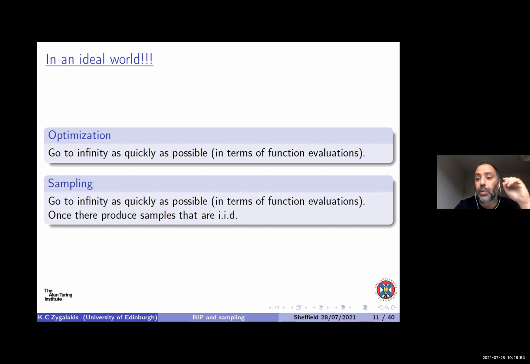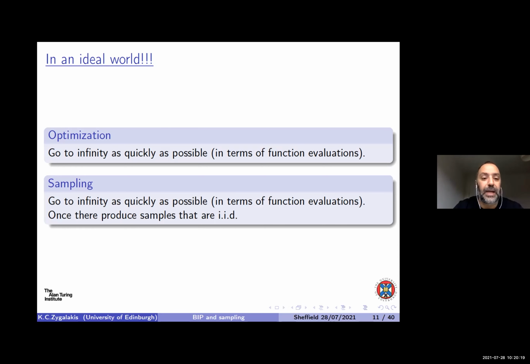In terms of optimization, we would like to go to infinity to reach the limiting behavior of the differential equation as quickly as possible in terms of function evaluations. And likewise, in the case of sampling, we would like to go to infinity as quickly as possible. And there is the additional catch, which I'll try to explain later on, that once we go there, we want to produce samples that are IID random variables.